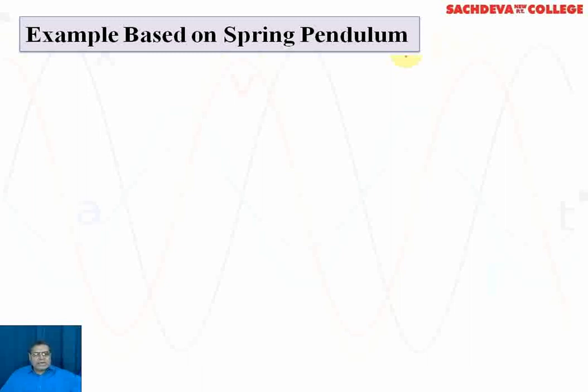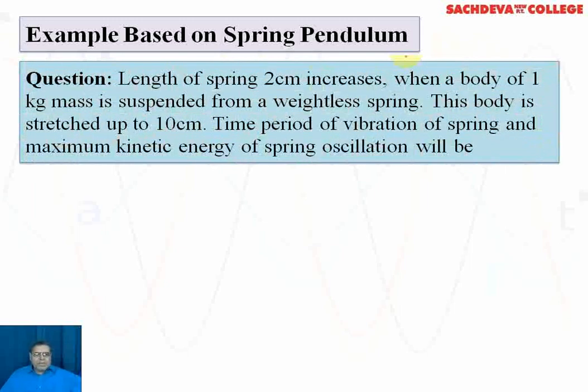So there are certain examples based on the spring pendulum. Now we come to the main context. Our question is, the length of a spring increases by 2 centimeter. Now there is a spring, and its length increases by 2 centimeter when a body of 1 kilogram mass is suspended from the weightless spring.